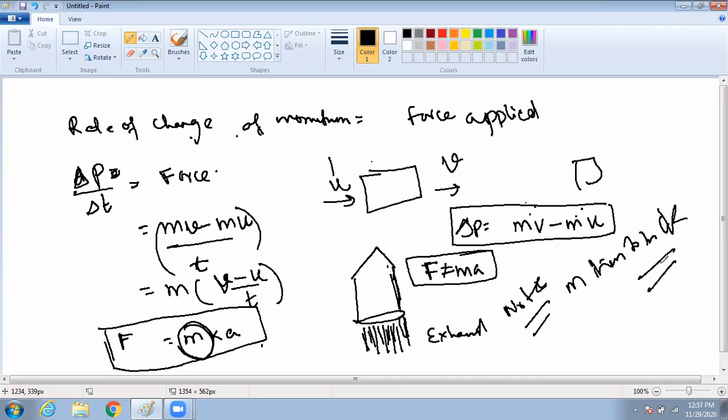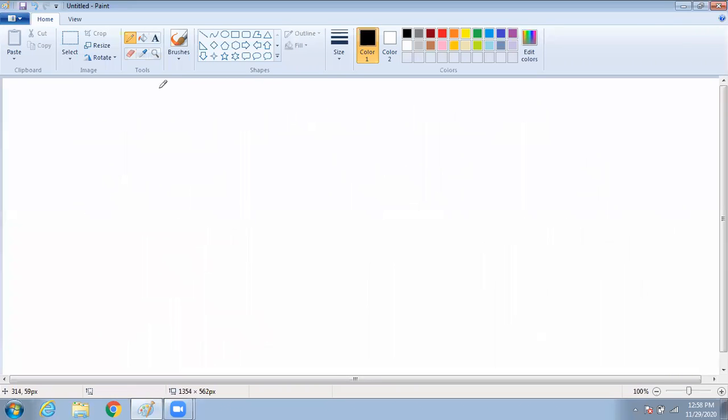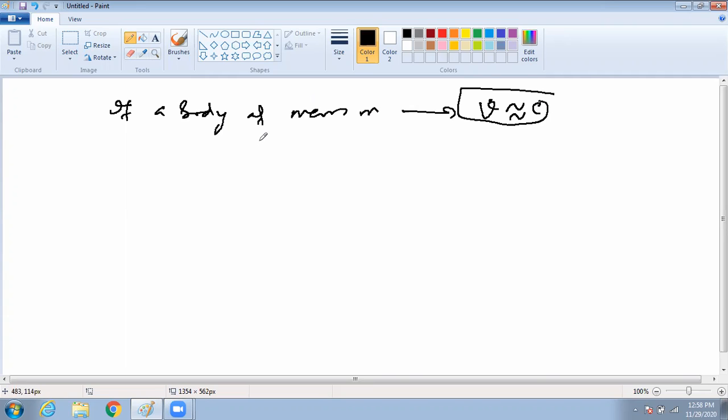Now we will see relativistic mass. What happens if a body moves at the speed of light? I already told you, but again I will tell. If a body of mass m moves at the speed of light, that means the velocity of the body becomes equal to the speed of light.